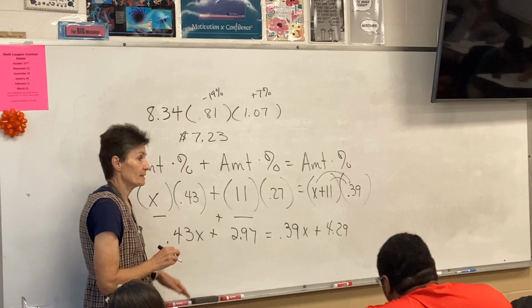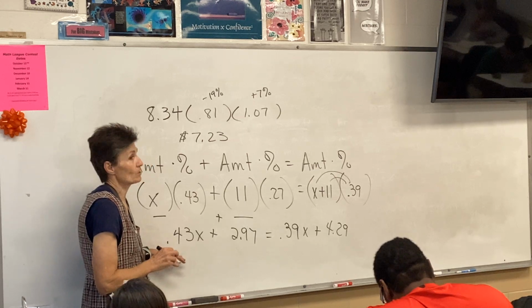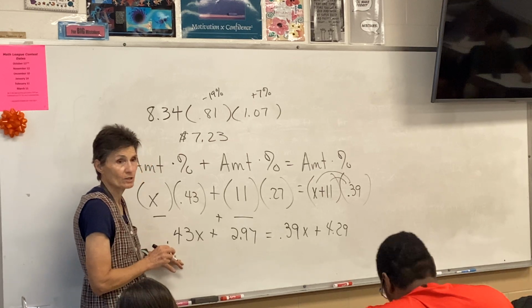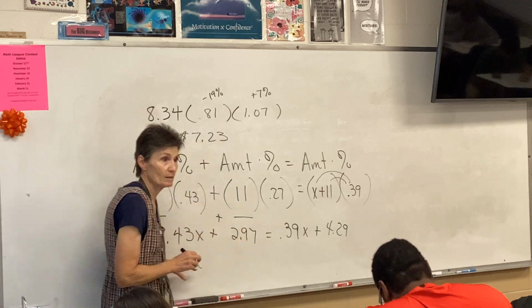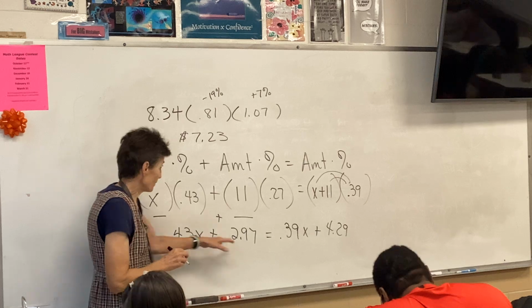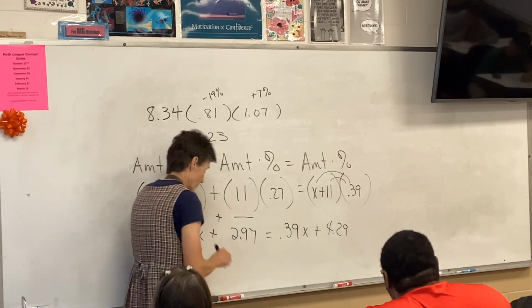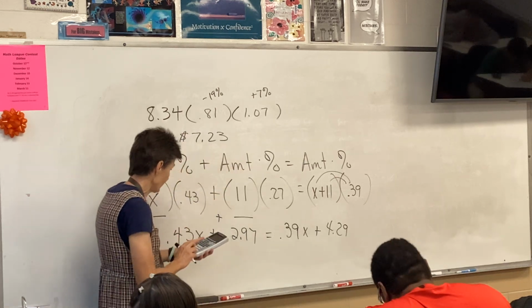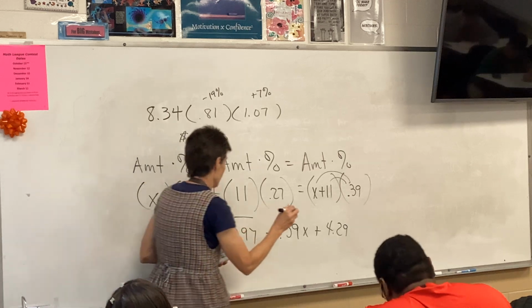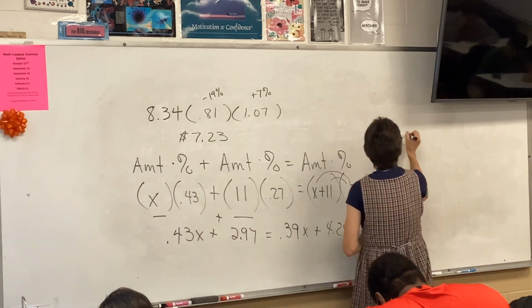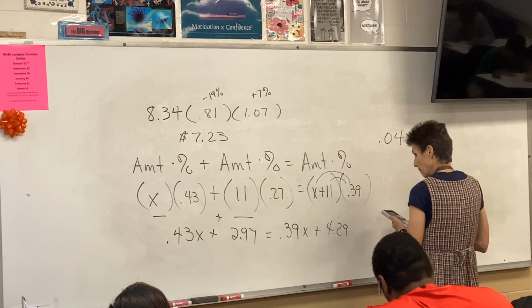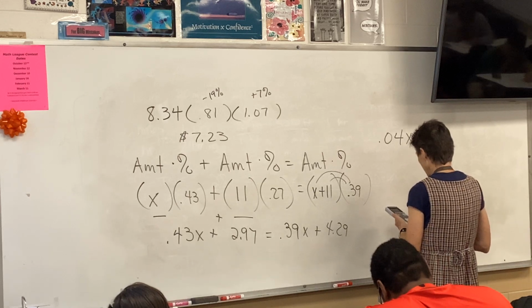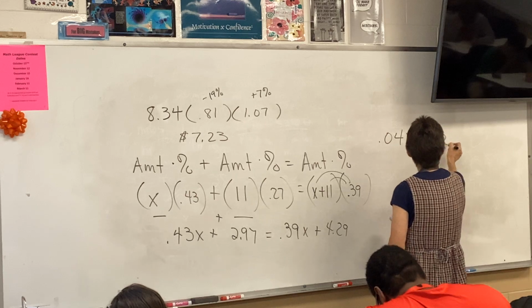And then no sympathy, you need to know how to solve this equation. You guys know how to solve equations. So we're going to move the X's over here, the other things over there, and use your calculator to help you with your arithmetic. End up with 0.04X equal to 1.32.